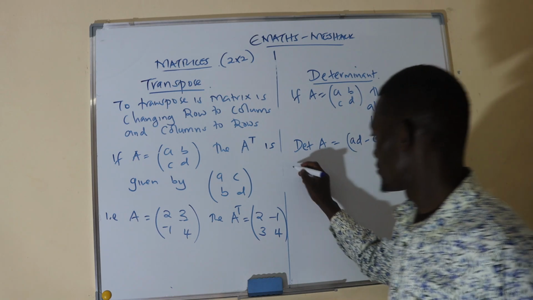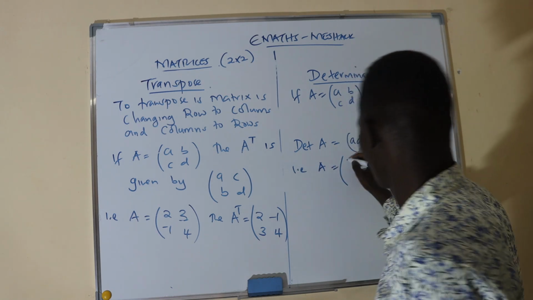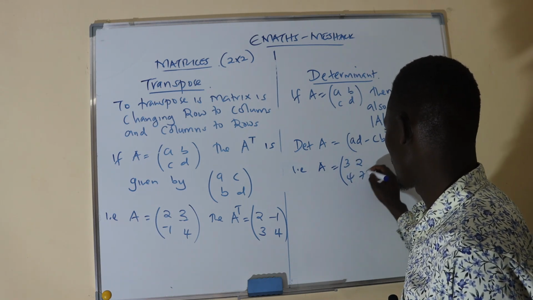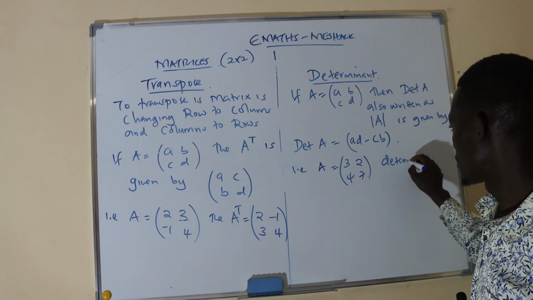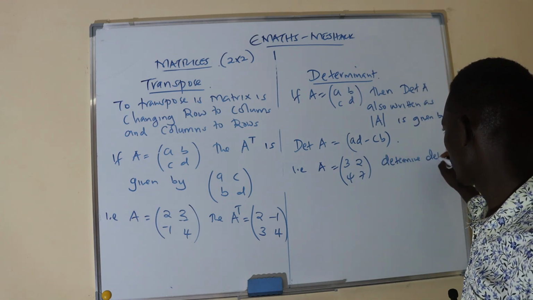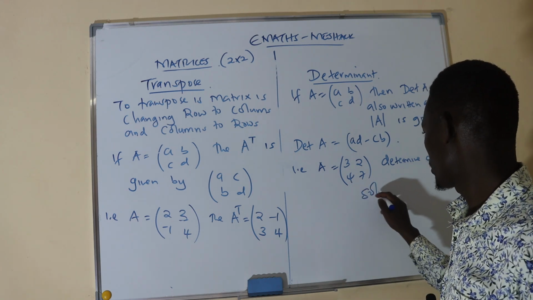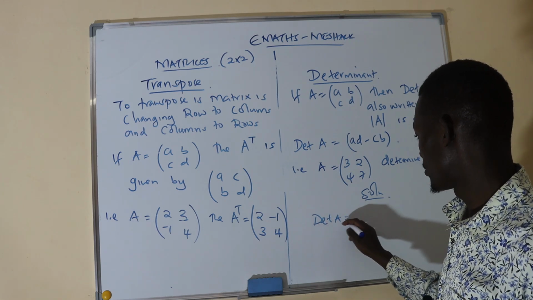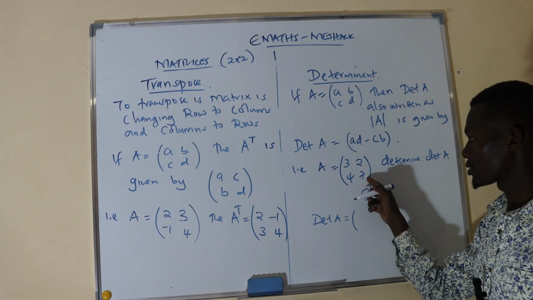So for example, if A is given by 3, 2, 4, 7, determine det of A. The solution: the determinant of A will be given by multiplying the elements in the main diagonal.